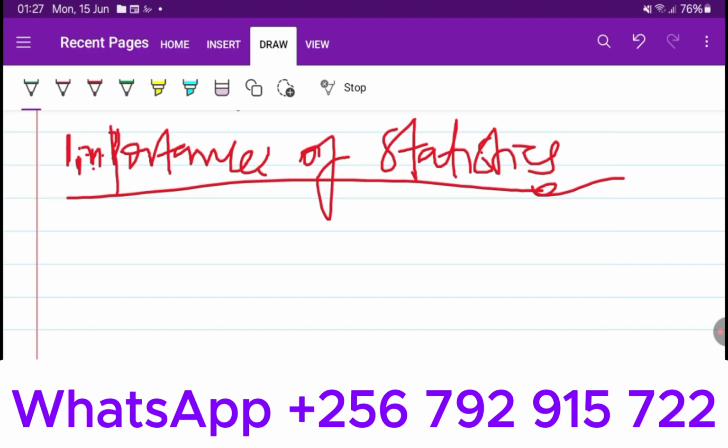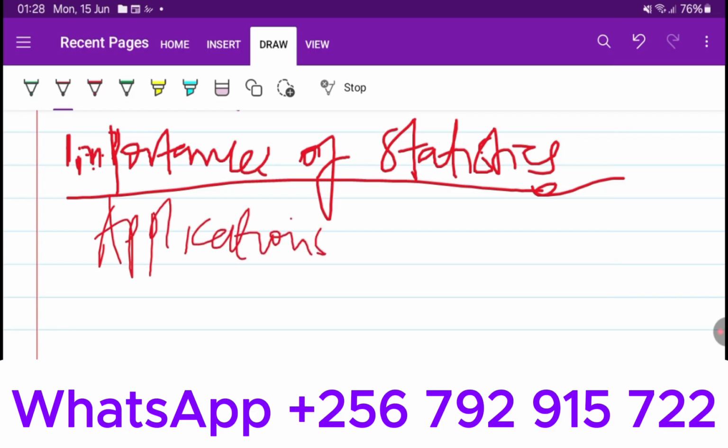So the importances, we could also call them the applications. The applications of statistics, and we know that statistics is applied very widely in the central positions in different important fields of human activities, as we've said.